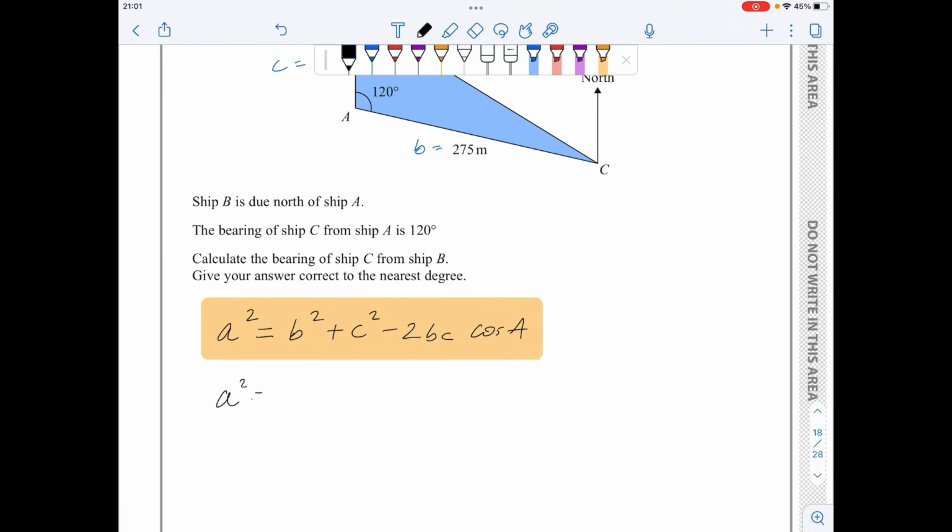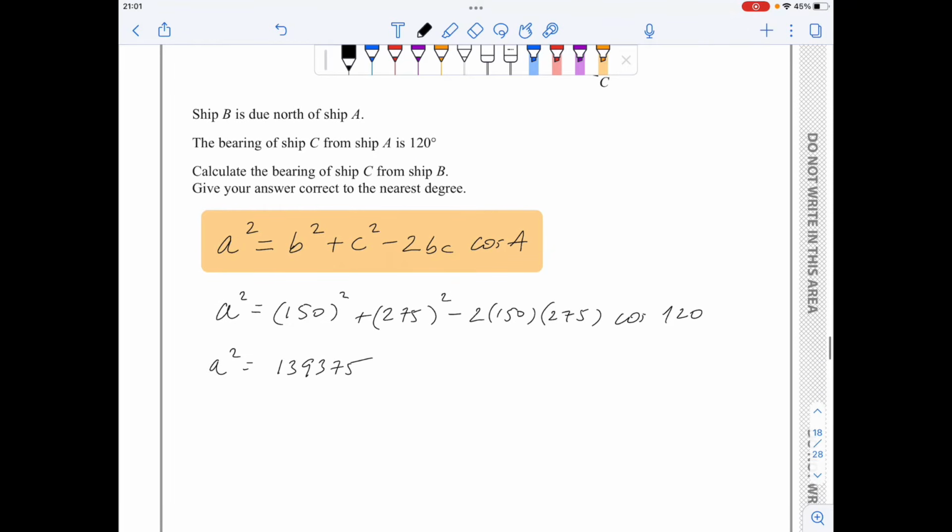So A squared is equal to 150 squared plus 275 squared minus 2 times 150 times 275 times cos 120. So A squared is equal to 139,375.